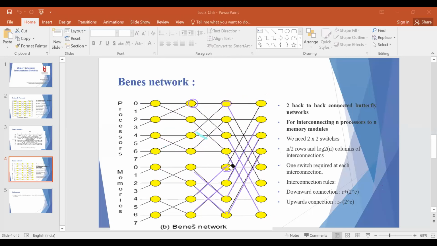So this was your beans network and the butterfly network. So let's move back to cache coherence from where we had left.